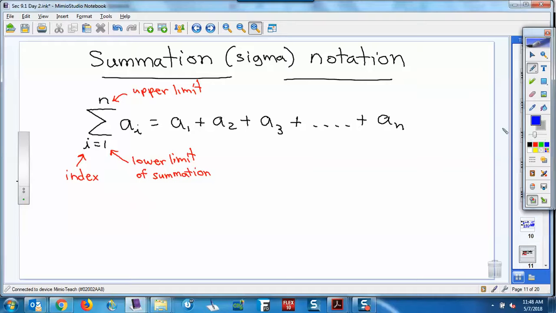Now, there's a real important calculus reason for this, but there are also some other examples that are not calculus related. And so we use the Greek letter sigma. That kind of looks like an E, I guess you might say. The Greek letter sigma to represent a sum.